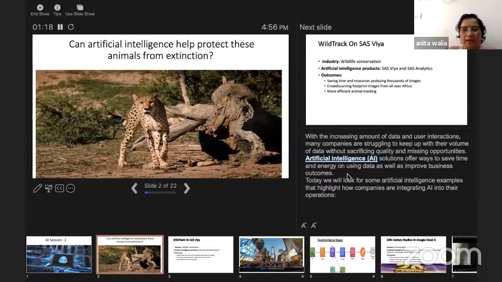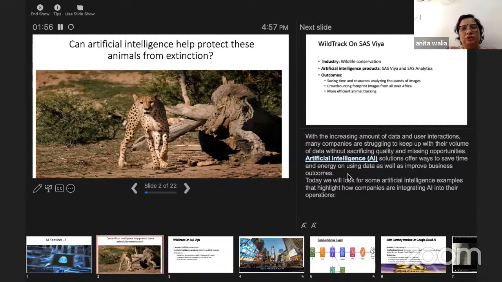So many corporations and many companies are struggling to find out how to use the volumes of data which are generated, and how do we blend it with AI technology without sacrificing quality and missing opportunities. AI solutions offer a way to save your time and energy on this data which the corporate doesn't know what to do with, the big data which we talk about.